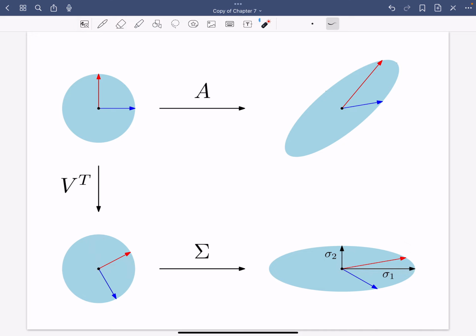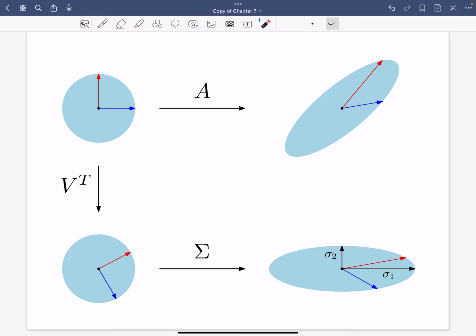And the amount that we're rescaling by is determined by the sigmas, the singular values. Now at this step, because sigma doesn't have to be a square matrix, you also could be changing the dimension. So you might be going from like 3 dimensions to 2 dimensions, or 5 dimensions to 17 dimensions. There could be some change in dimension, okay?